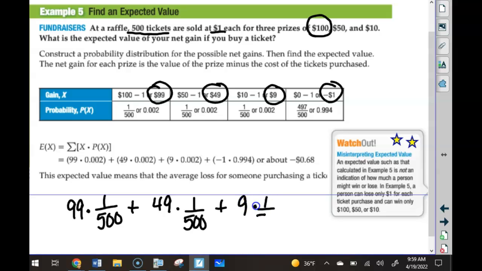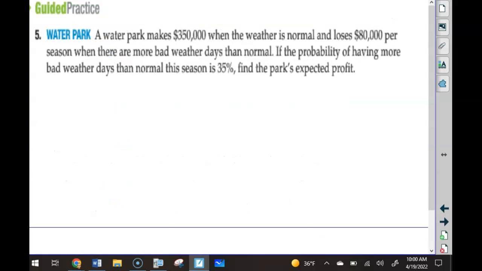Again, that's because they had to pay for the ticket. And everybody else loses $1, and it's 497 out of 500. Now, I realize this is kind of weird because it feels like it should go 1 out of 500 and then 1 out of 499 and then 1 out of 498. But we're just going to go with straight probability, 1 out of 500. Okay, that's how this works. Don't ask me why it's not different.